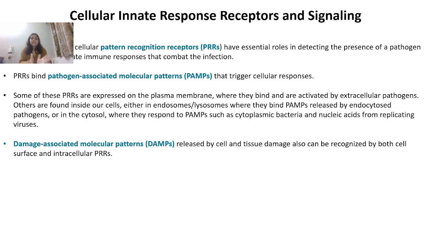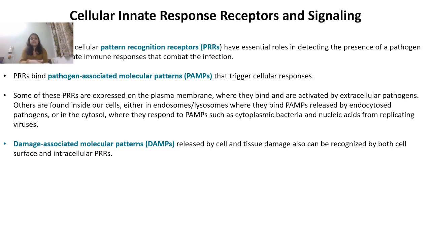So all these PRRs are present, some on the plasma membrane where they can bind to the extracellular pathogens which are coming. And others are present inside our cells in the endosome or the lysosomes where they bind to the PAMs released by endocytosed pathogens, or in the cytosol where they respond to PAMs such as cytoplasmic bacteria and nucleic acids from replicating viruses. So there are endosomal PRRs, and there are PRRs present on the plasma membrane.